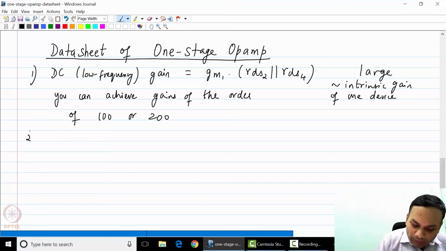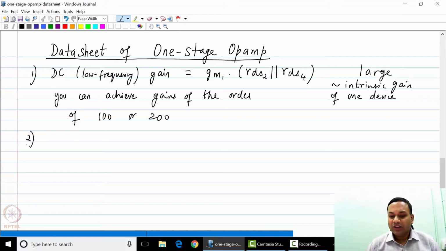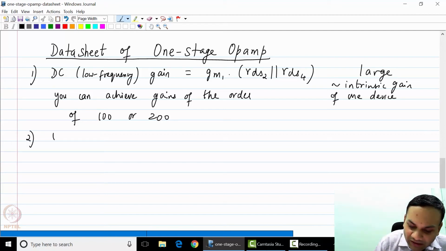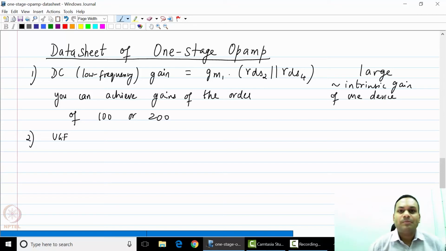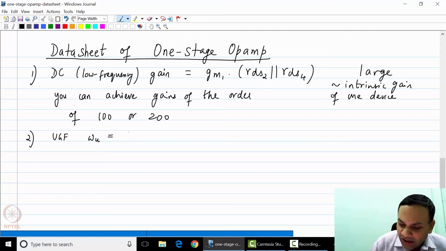Now, if you wanted more gain, it turns out you will have to go for a different kind of op-amp that we'll discuss in future lectures. Now, the second important characteristic of the op-amp is going to be the unity gain frequency of the op-amp, or omega u, and as we have just studied, omega u is GM1 over CL.